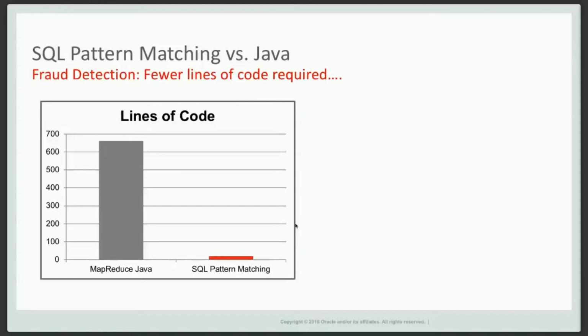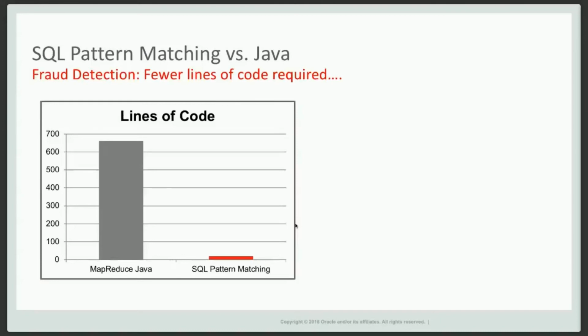It came up with nearly 700 lines of Java code to do what was a very simple pattern matching requirement, compared to something like 20 odd lines of code in SQL Pattern Matching. So that's a huge difference in the amount of code.